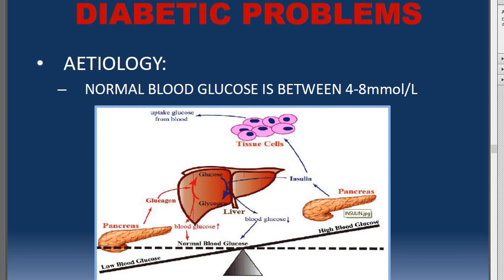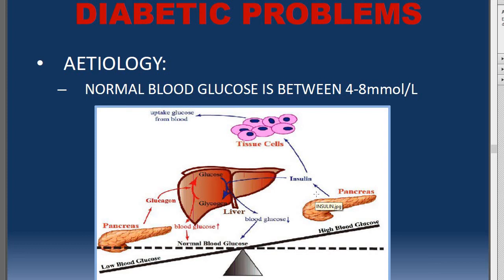Essentially, sugar lives all around the body. It's stored in the liver, but where the sugar needs to get to is all the cells of the body, where it is then used in a variety of chemical reactions to form energy. That happens by insulin sending sugar from the blood into the cells.